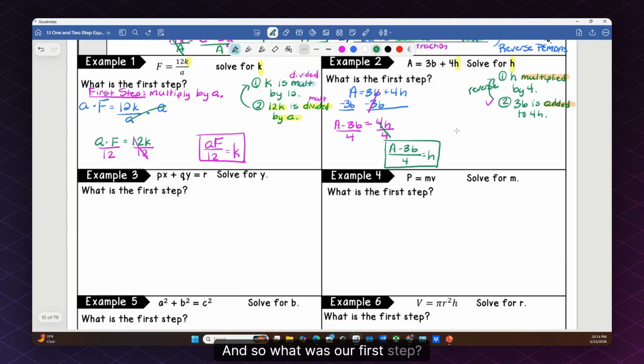And so what was our first step? Our first step when we looked at this is we had to subtract 3b.